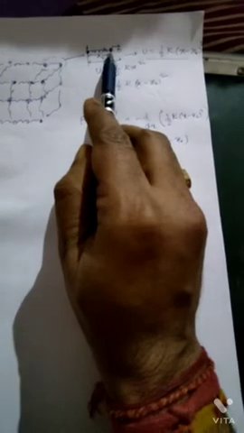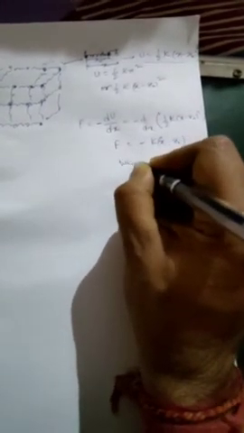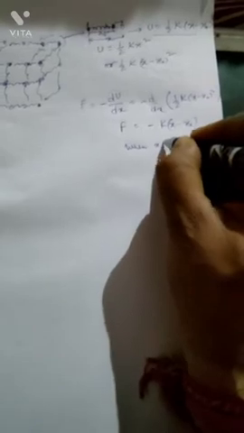if the atom is stretched? So this is x, this is x naught. x minus x naught is positive. So when x is greater than x naught, F is negative, that is attractive.